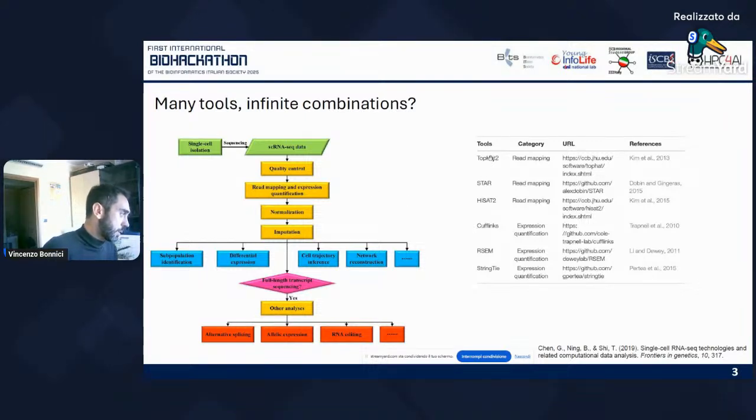For sure, for example, if we are talking about read mapping, three of the most important, most used tools for mapping this type of data are TopHat, STAR, and HISAT2, but there are many others. Or, for example, if we want to perform expression quantification, we have Cufflinks, RSEM, StringTie, and so on and so forth.